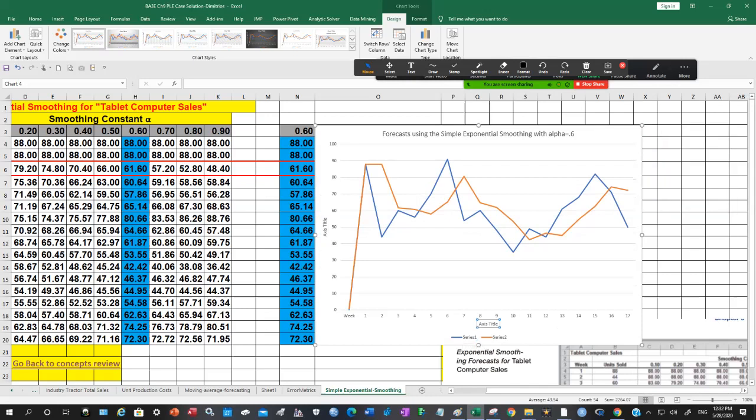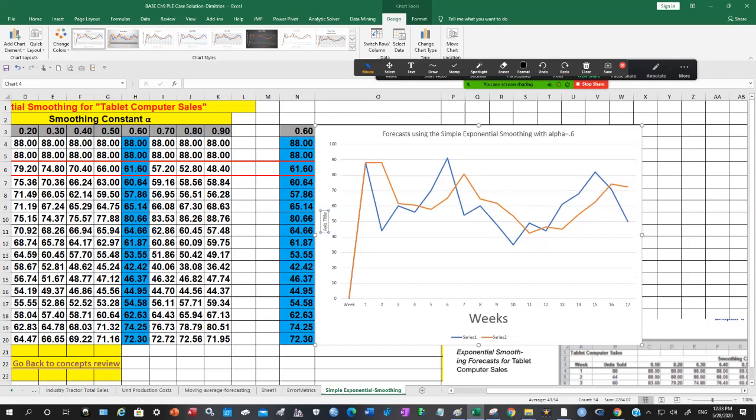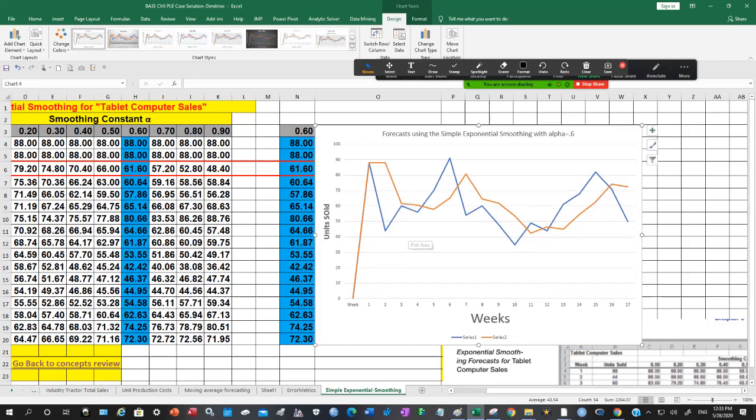The x-axis is weeks, and make this bigger. The y-axis is units sold. Let's make this bigger too.